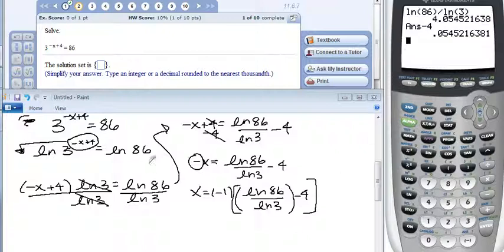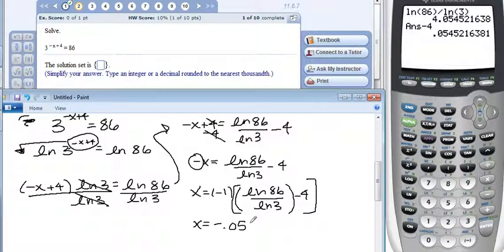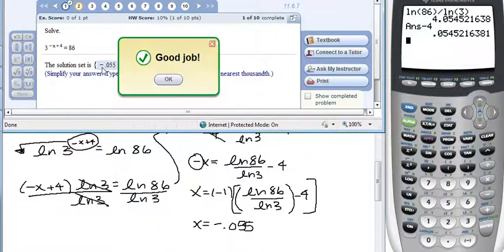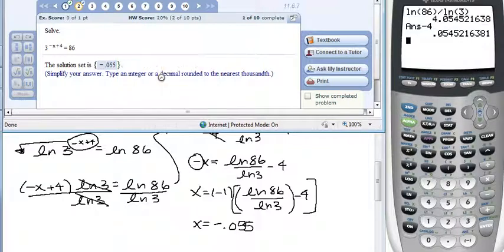And then I want that negated. So I want this as a -0.055, right? I've got 3 decimals, that's the thousandths, so I'm going to round that one up. -0.055. All right, so let's check that one.